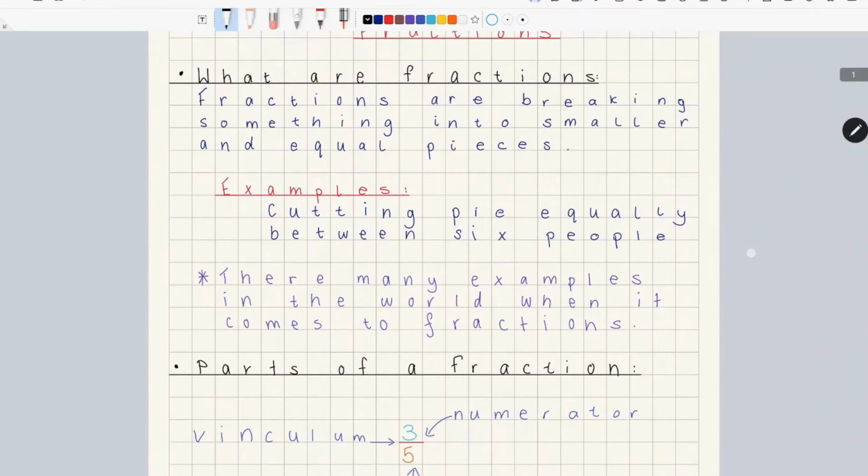For example, if you were to cut a pizza, or a pie, into 6 pieces, you would have to cut it in half, then half again, and another half to get 6 pieces. 1, 2, 3, 4, 5, 6. The circle may not be perfect, but that's how you cut it into 6 equal pieces.